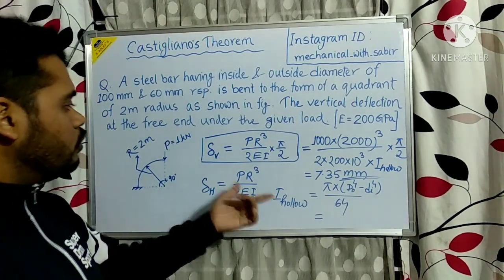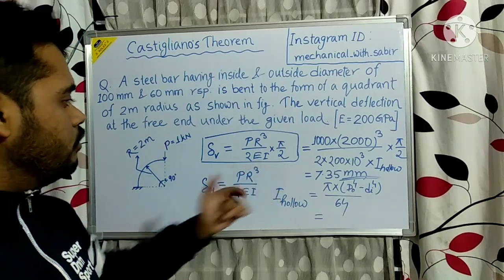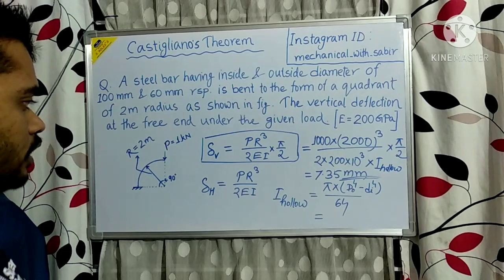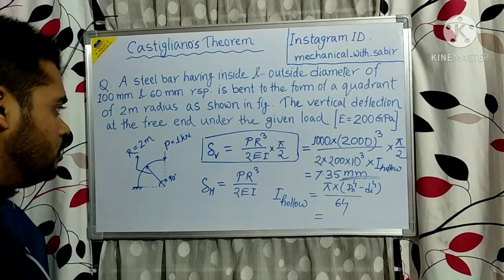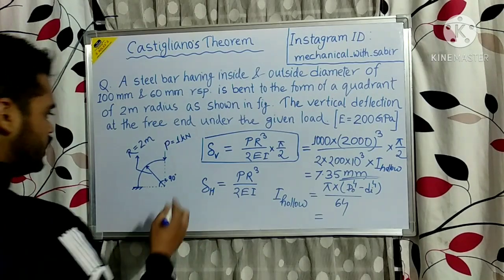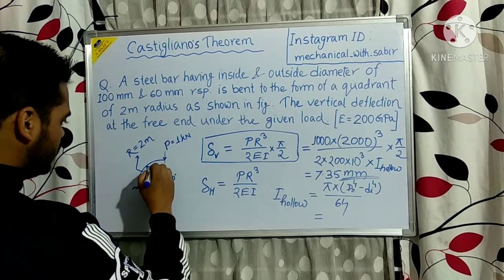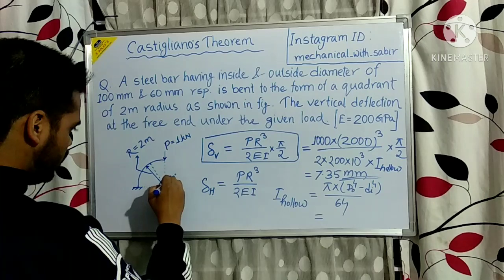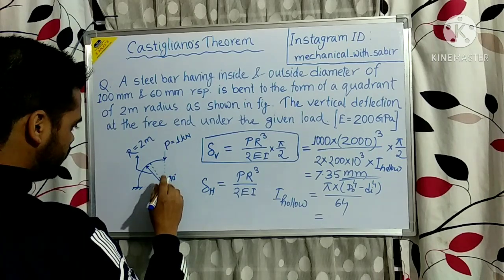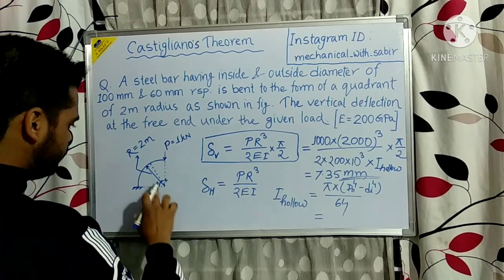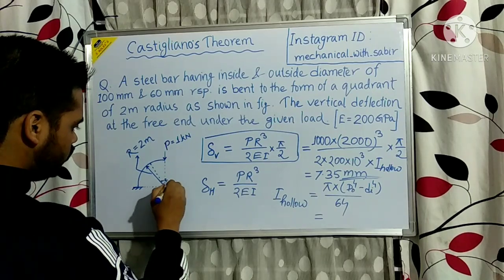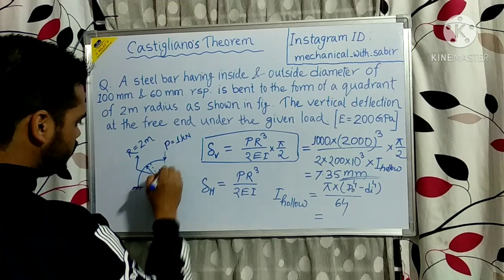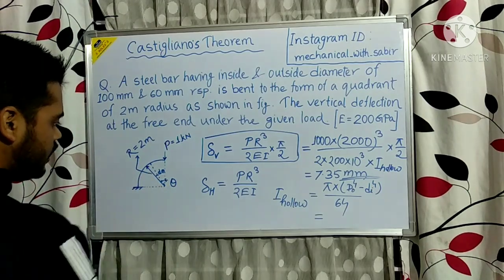See, if you go through the derivation, that is strain energy with respect to the loading, it will consume a lot of your time, because to find strain energy here you have to consider one small angular portion. Suppose this angle you take as theta, then this small angle will be d theta, and this is given as r.